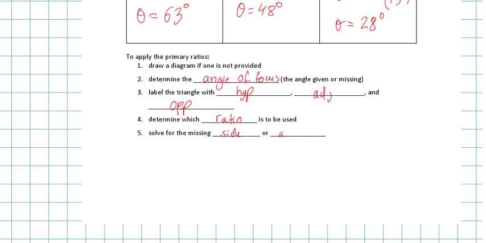So these are your steps. Draw a triangle, find the angle of focus, label hypotenuse, adjacent, and opposite, determine which ratio to use, SOHCAHTOA, sine, cosine, or tan, and then solve for the missing side or angle.